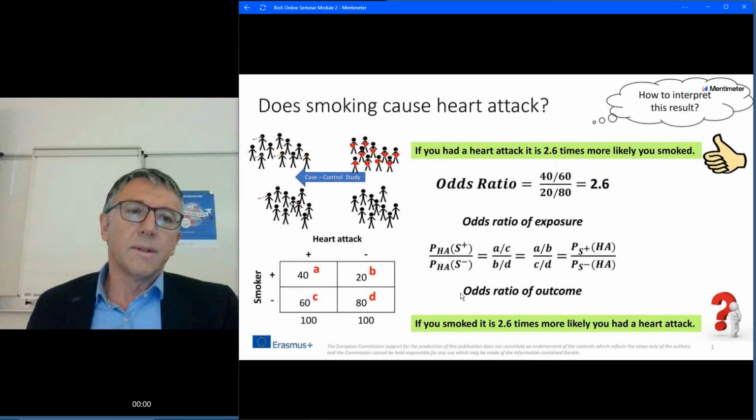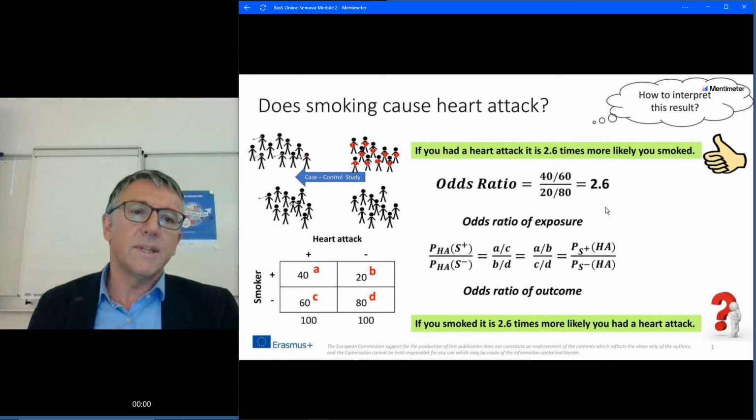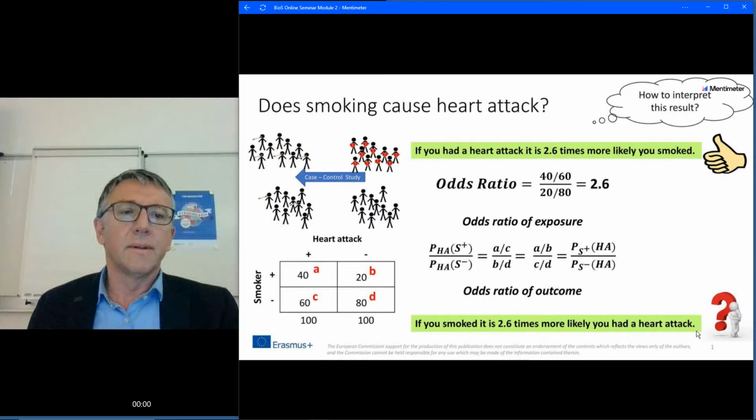So this now is the odds ratio of the outcome. So after this short mathematical excursion, we now obtain the information that actually the odds ratio of 2.6 for the exposure is the same as the odds ratio of the outcome. And this means that if you smoked, it is 2.6 times more likely you had a heart attack.